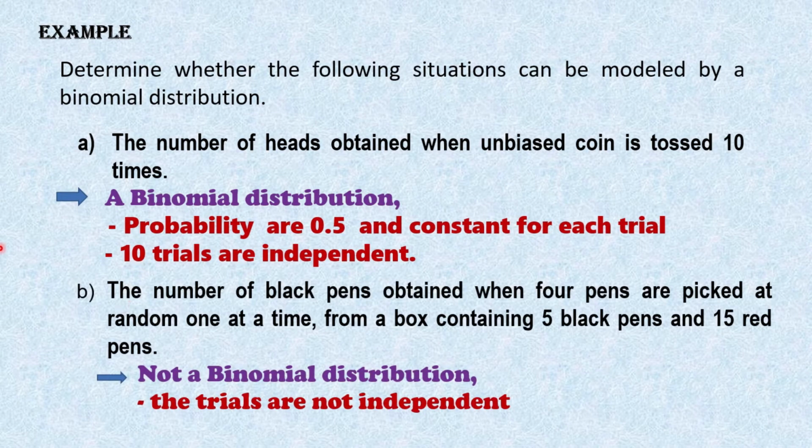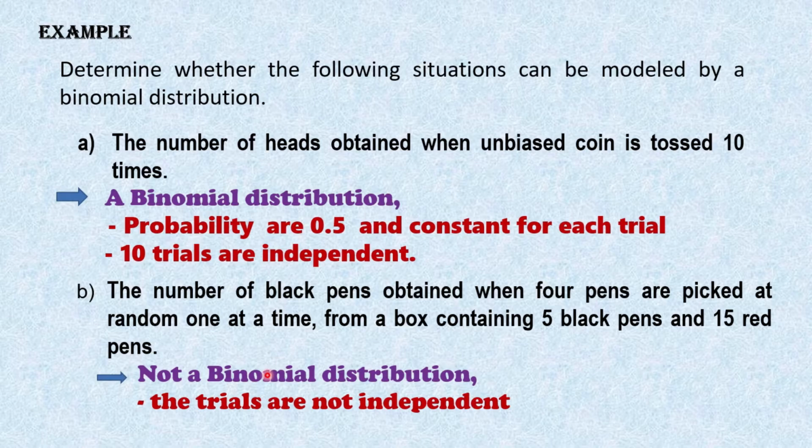What about B? The number of black pens obtained when 4 pens are picked at random at one time from a box containing 5 black pens and 15 red pens. So we have a box and you want to obtain 4 pens one at a time.